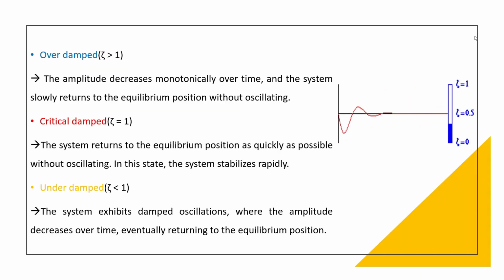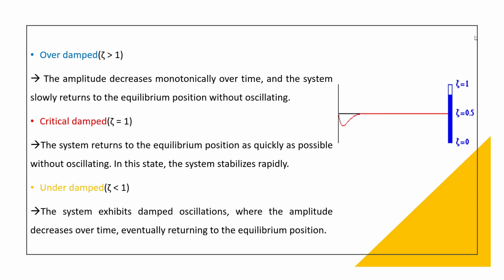The damping ratio can be varied from overdamped, underdamped, to critical damped, when zeta is greater than 1, under 1, and equal to 1, respectively. When the system is overdamped, the amplitude decreases monotonically over time, and the system slowly returns to the equilibrium position without oscillating.